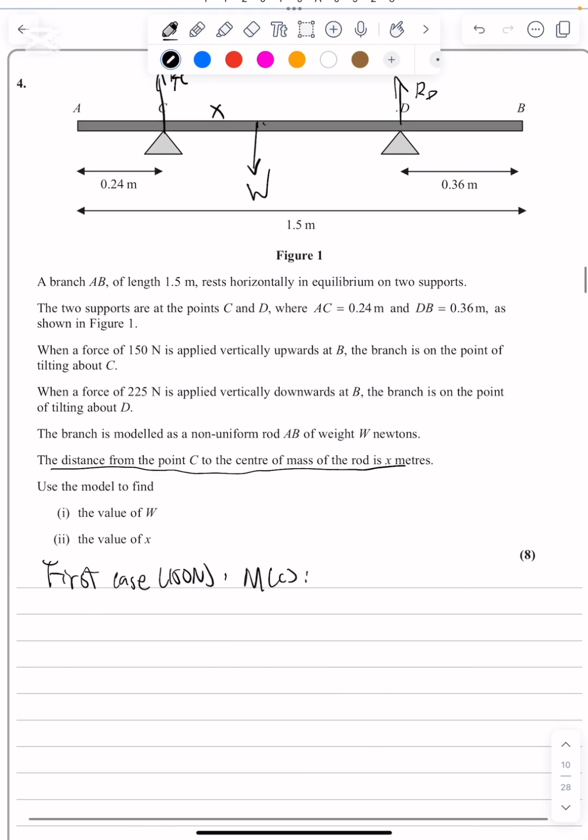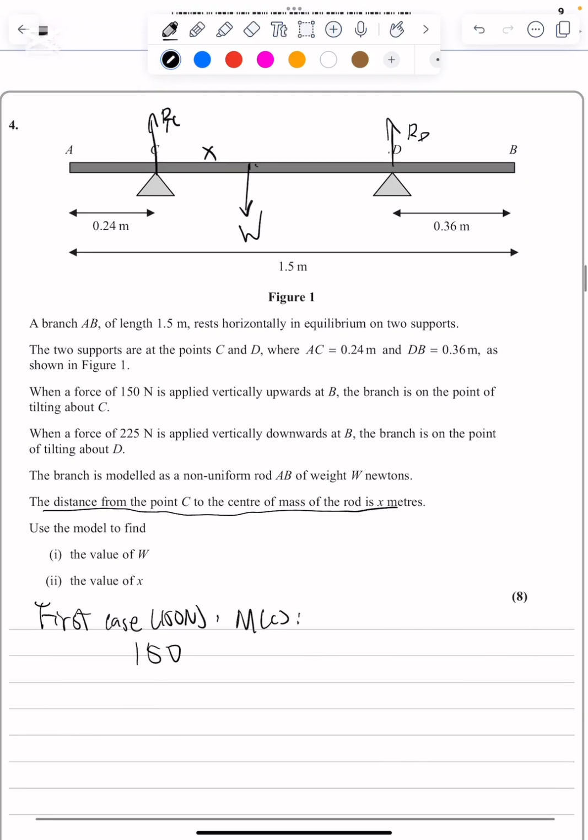That's just what it means. So moment at C, 150 times 1.26 would equal W times x.